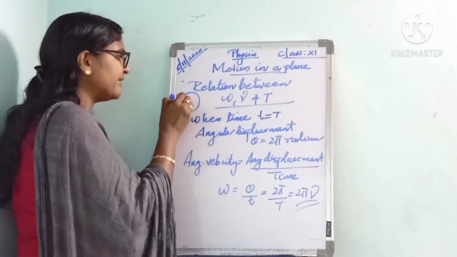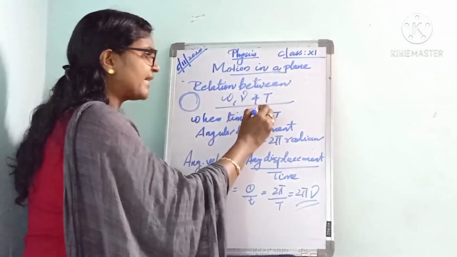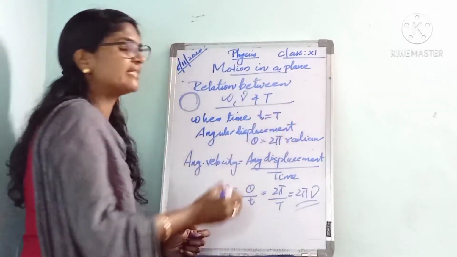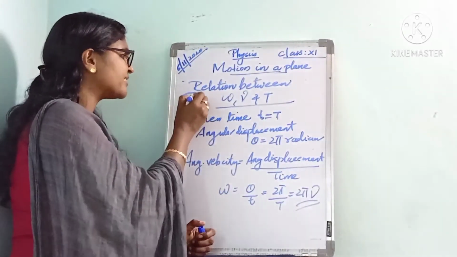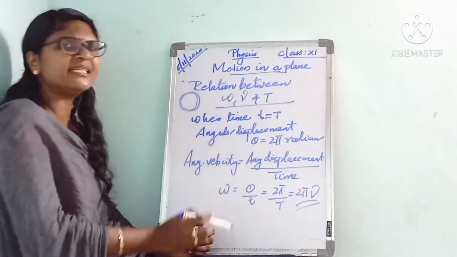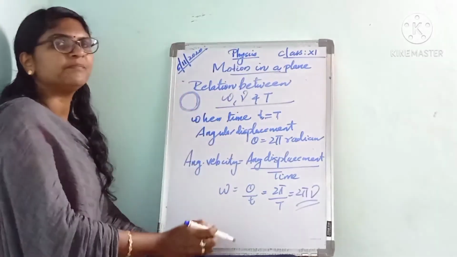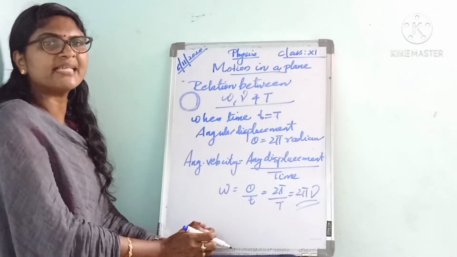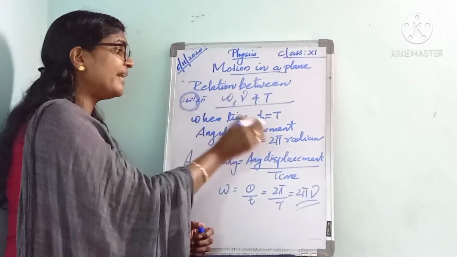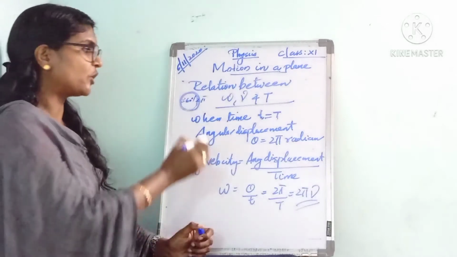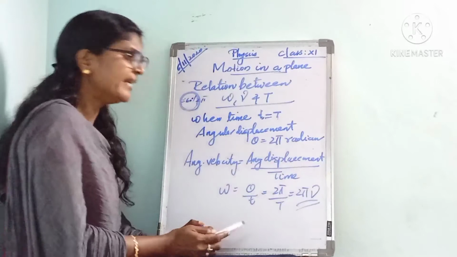The time taken is equal to the time period T, and the angular displacement is 360 degrees, which can be written as 2 pi radian. So when time t equals T, the angular displacement theta equals 2 pi radian.